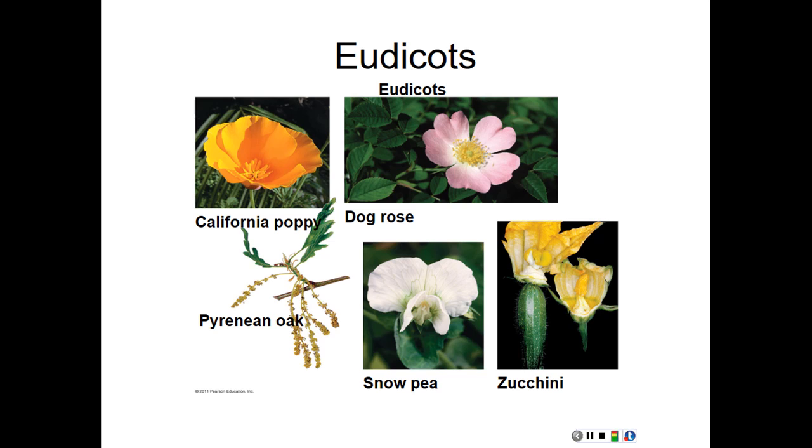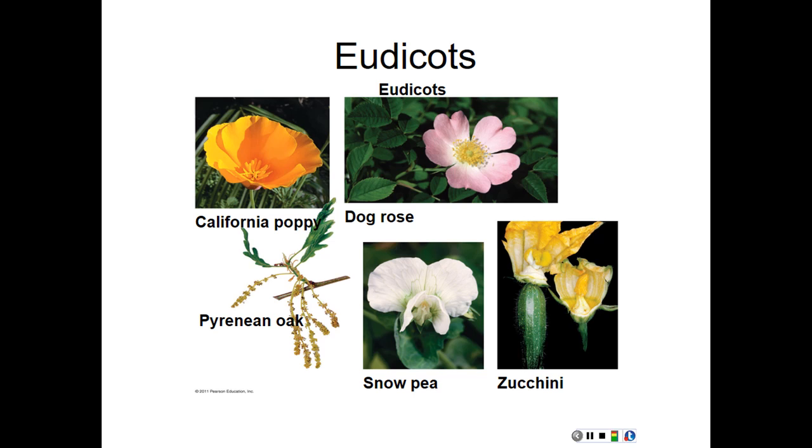They have a pattern of branching. They have what we call branching venation. That means in their leaves, we get this branching off. I'm an awful drawer, but here we go. So a branching pattern, like something you'd see maybe in a maple leaf.